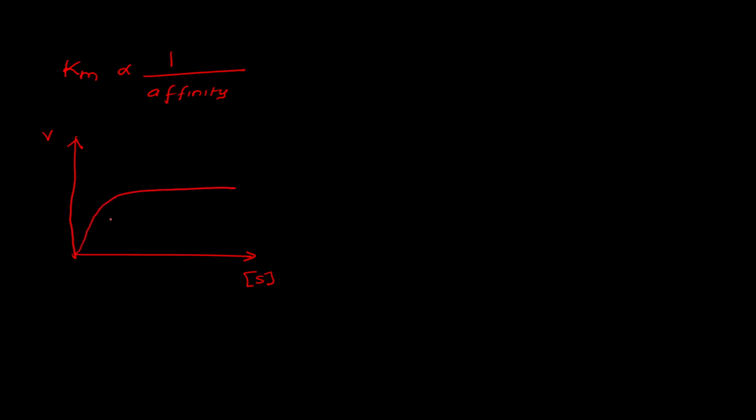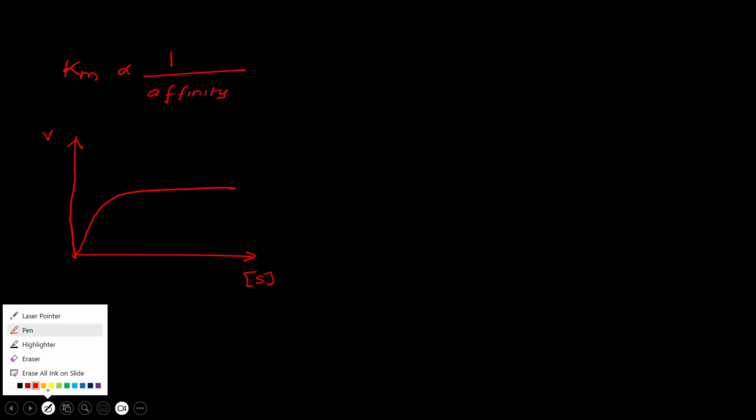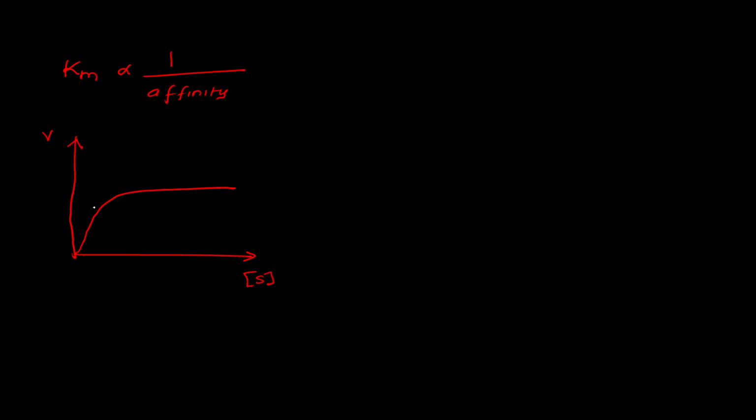Now, the Km value is in fact the concentration of the substrate at which the enzyme has half the maximum reaction velocity. So if we assume that the maximum reaction velocity of this enzyme is Vmax, the concentration of the substrate at which it has half that value is known as the Km.